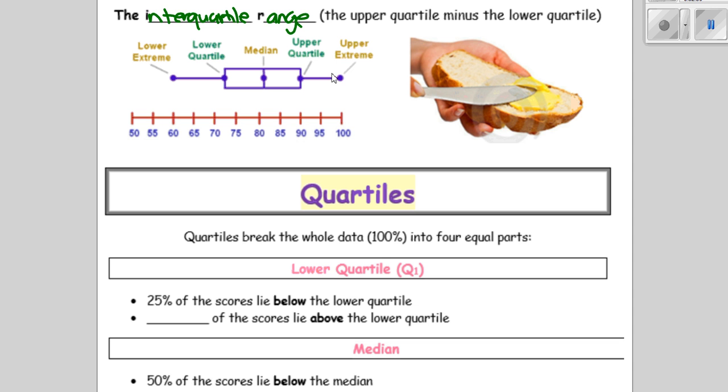Close. 50. How did you get 50? Yeah, because a quarter of 200 people is 50. Remember, it breaks it into quarters.